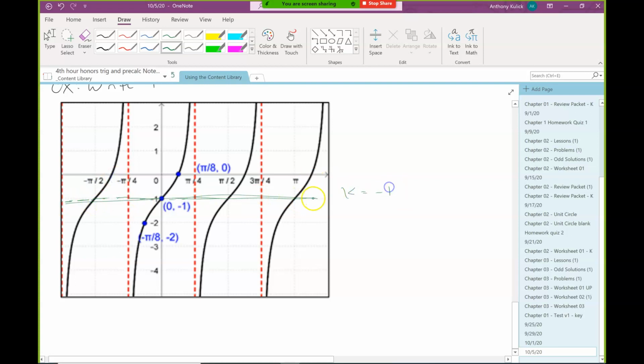So that can tell us our K value. And then this distance is like our amplitude.